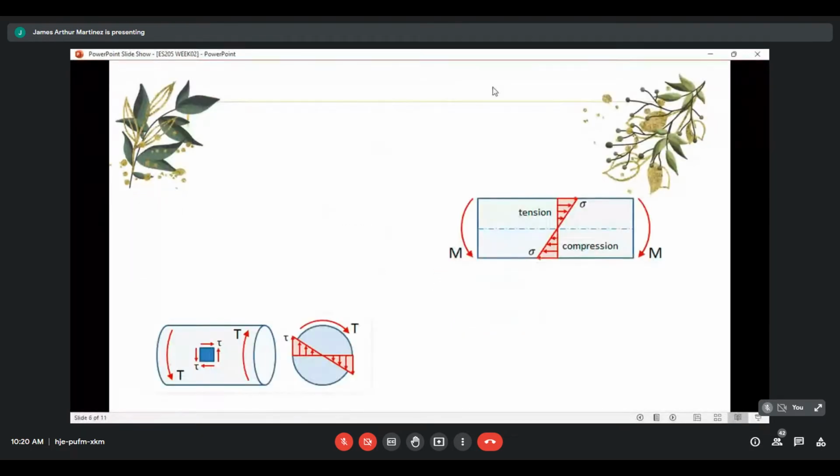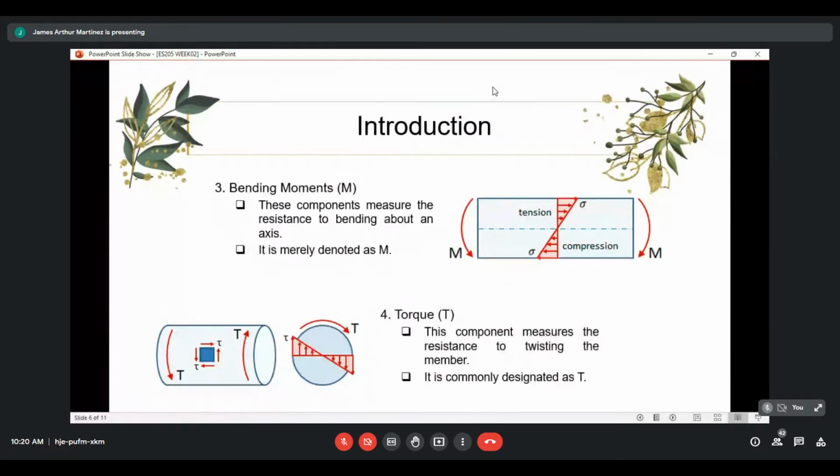Anyway, so the third and the fourth we have bending moments and torsion or torque. So bending moments are components that measure the resistance to bending about an axis. It is merely denoted as letter M. So you're familiar with moment, right, from statics of rigid bodies.